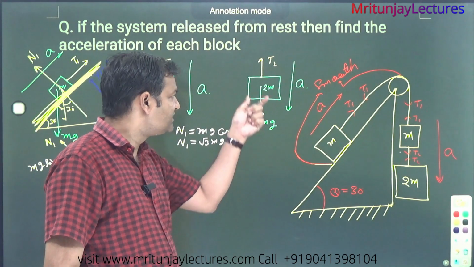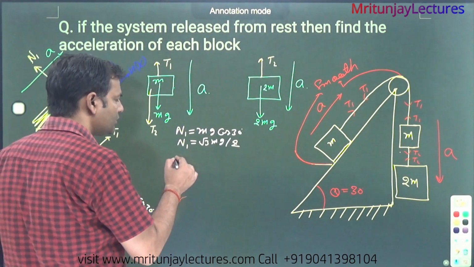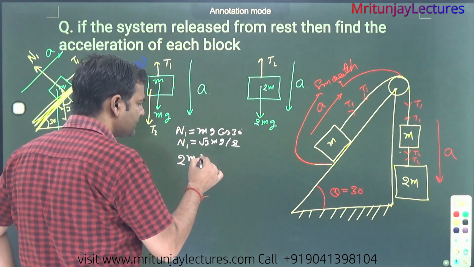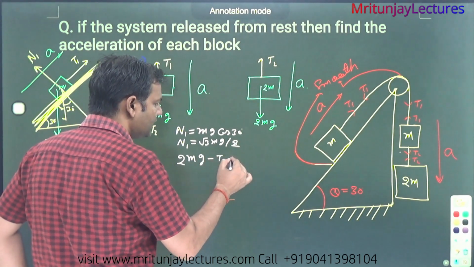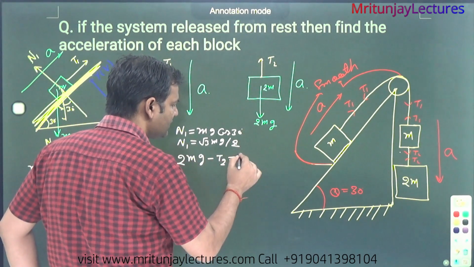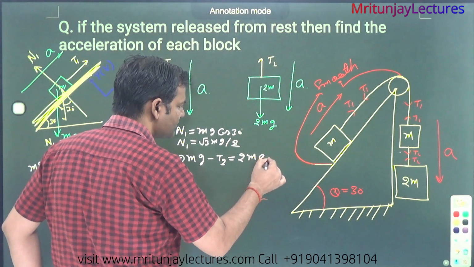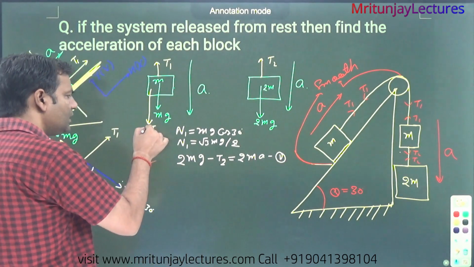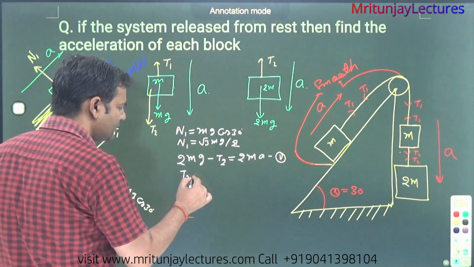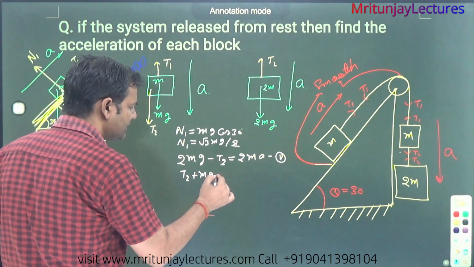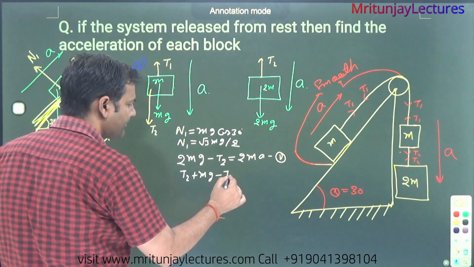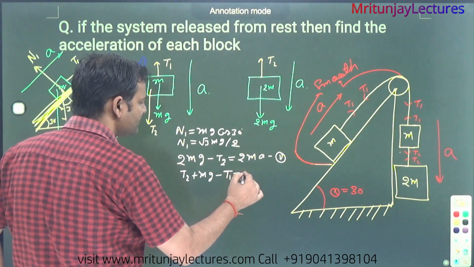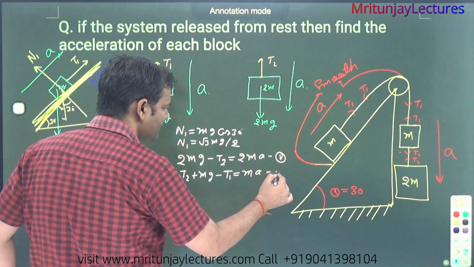Now, this one is going downward. It means 2mg is greater than T2. 2mg minus T2 equals mass into acceleration, that is equation number 1. Now for that one, T2 plus mg minus T1 equals mass into acceleration, that is the second one.